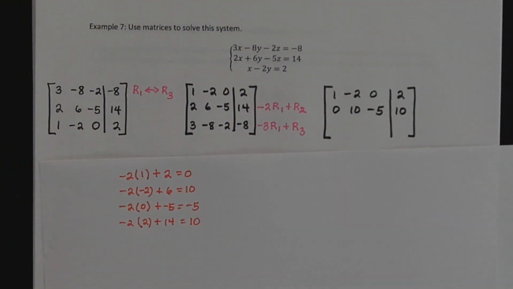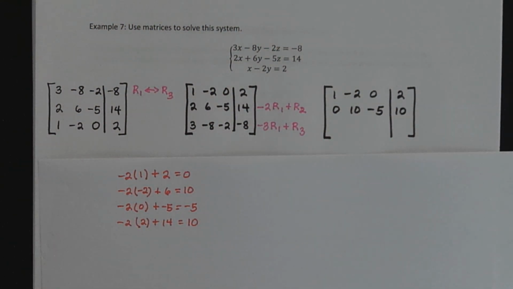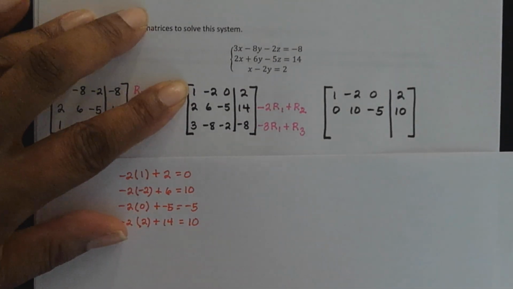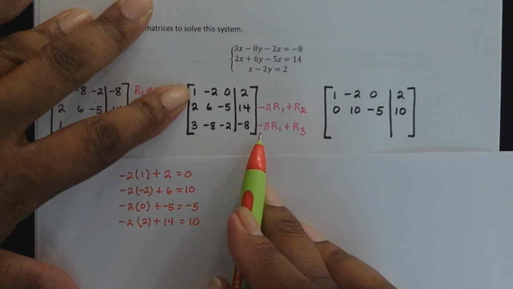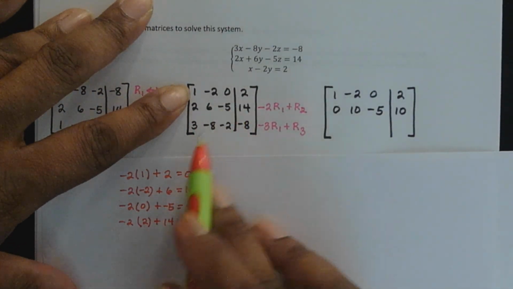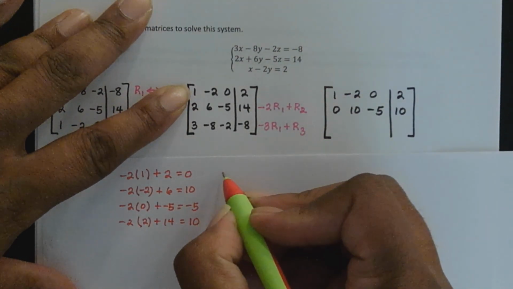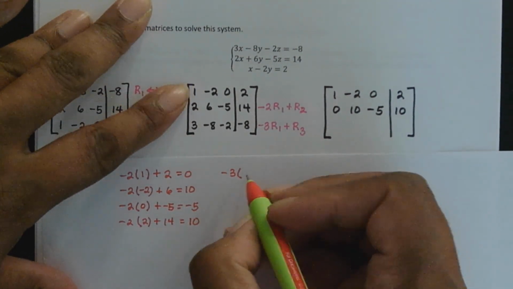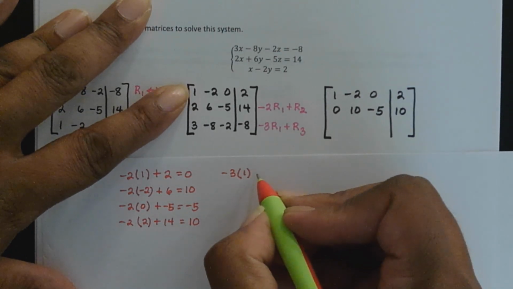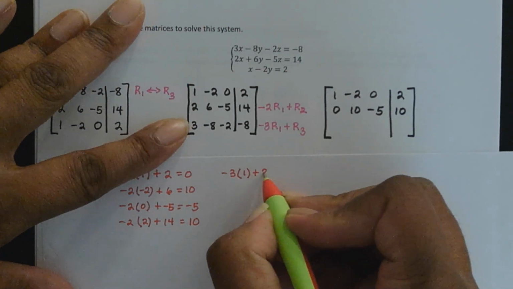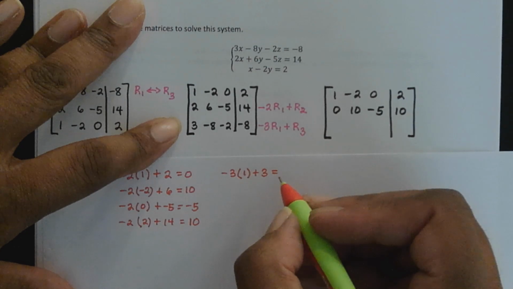Okay. Now row 3 is going to change as well, because this time I'm going to be taking negative 3 times every element in row 1, adding them to the corresponding elements in row 3. So in this case, negative 3 times this element in row 1, which is 1, plus its corresponding element, 3.